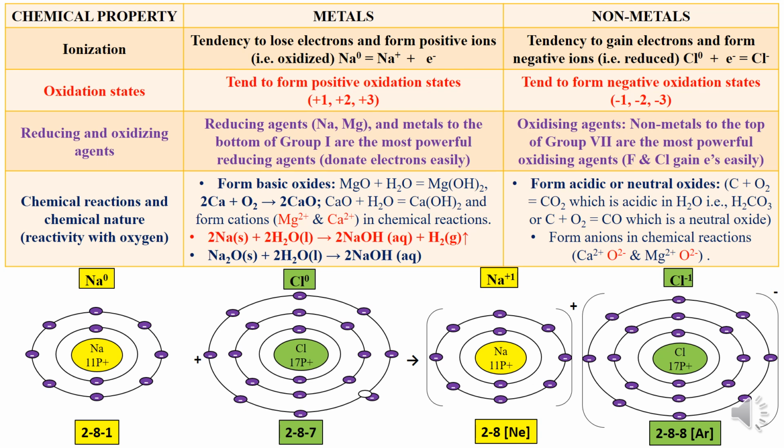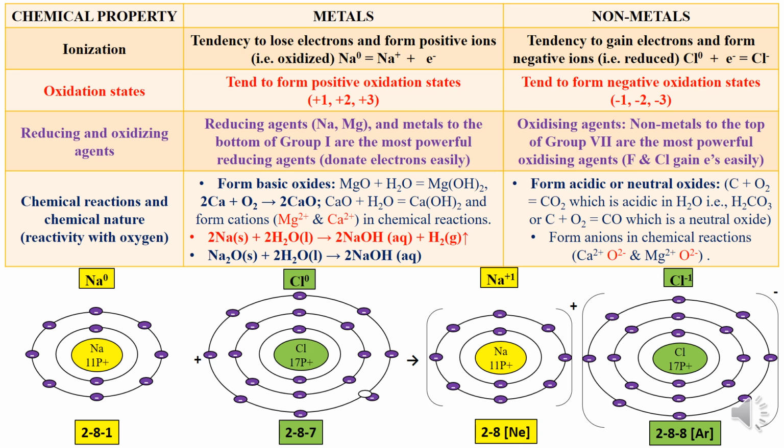And metals tend to form cations in chemical reactions. So when calcium reacts with oxygen to form calcium oxide, it forms a cation, that is Ca2+.